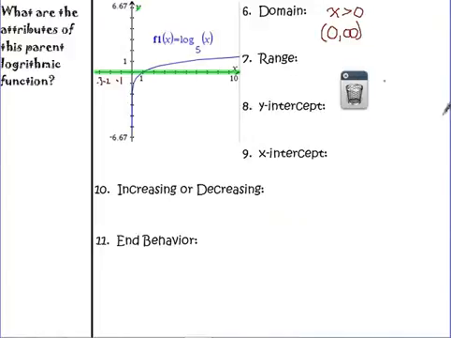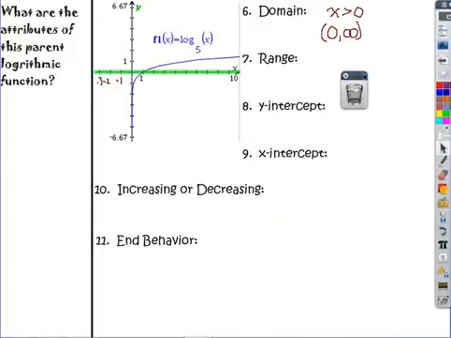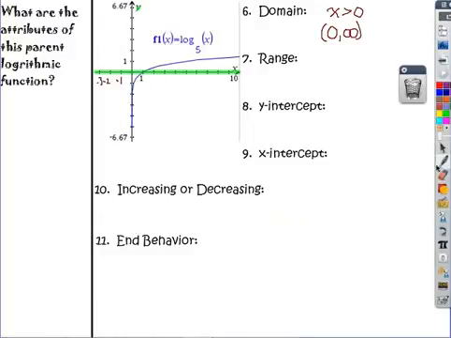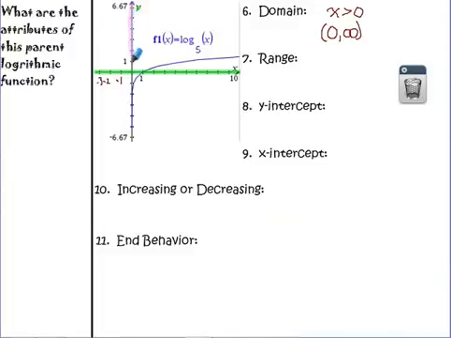All right, well, what about the range of this parent function? Now we're talking about y, so now we're looking at the graph vertically. We want to figure out what we can see about the function vertically.